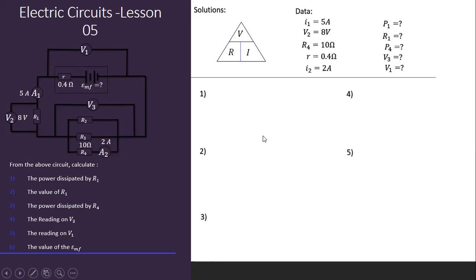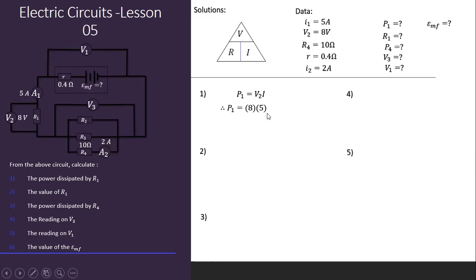When we have current and voltage and we need to calculate power, the formula that we use is V times I, whereby V2 is this voltage of 8 volts and I1 is this current of 5 amps.